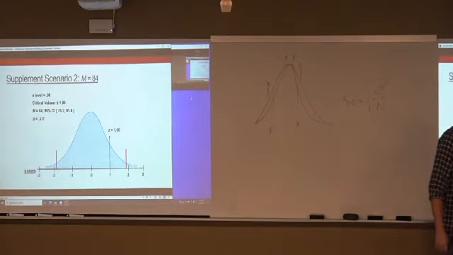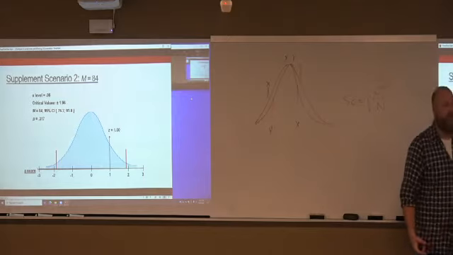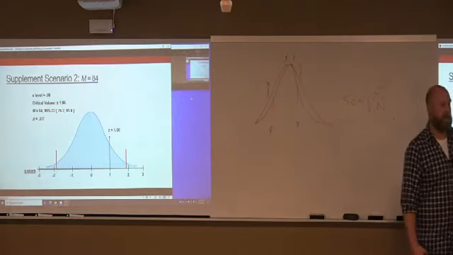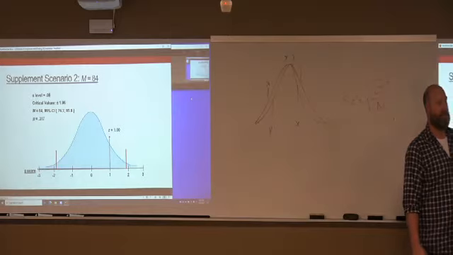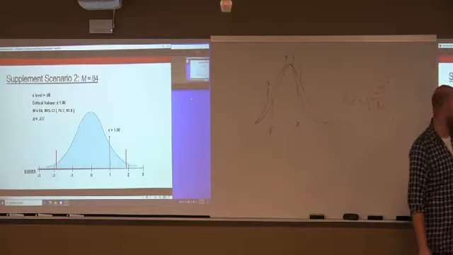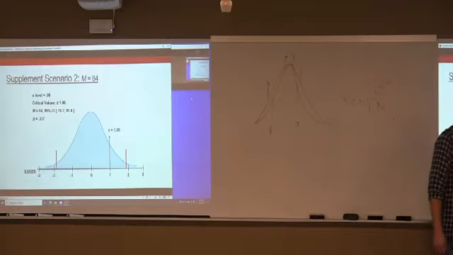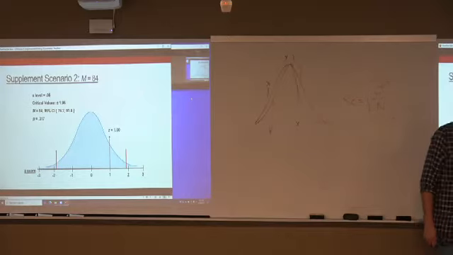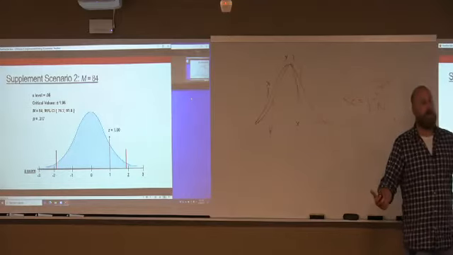It's not 80, but it's still relatively compatible with what I would expect if the null hypothesis were true, right? So if older adults who take supplements have a mean cognitive functioning score of 80 in that population, it's not terribly unlikely for me to get a score of 84. So I would just say the data are inconclusive.